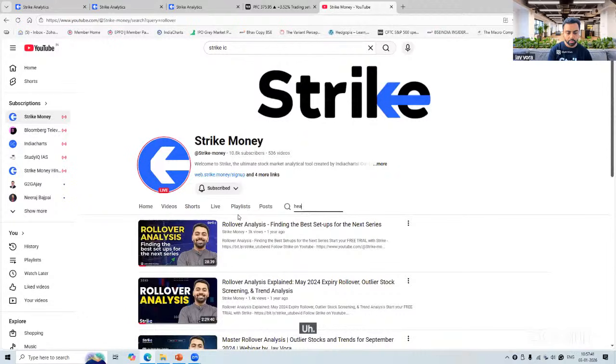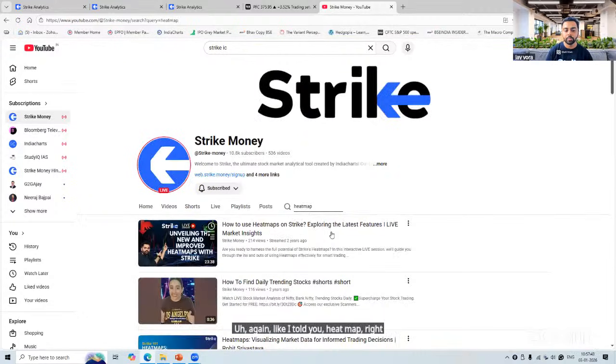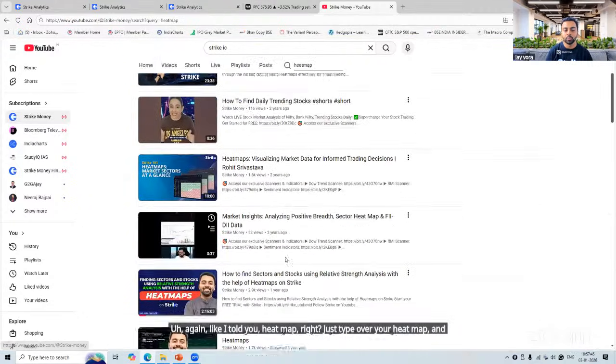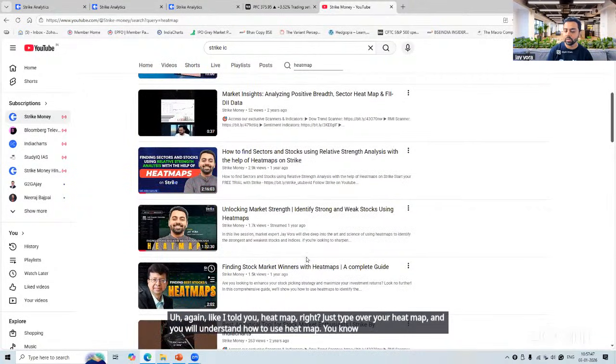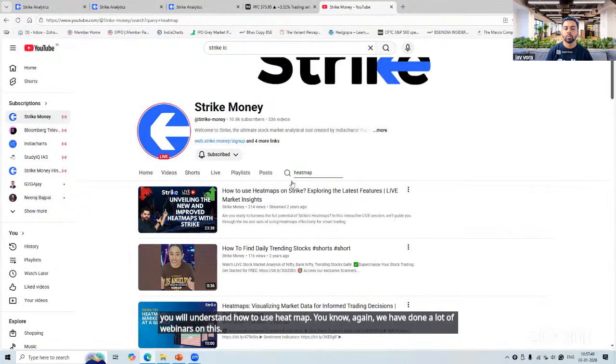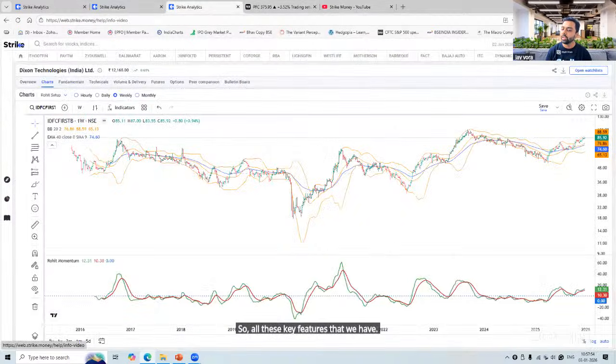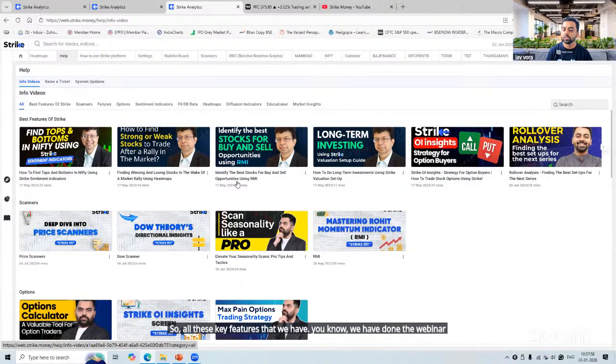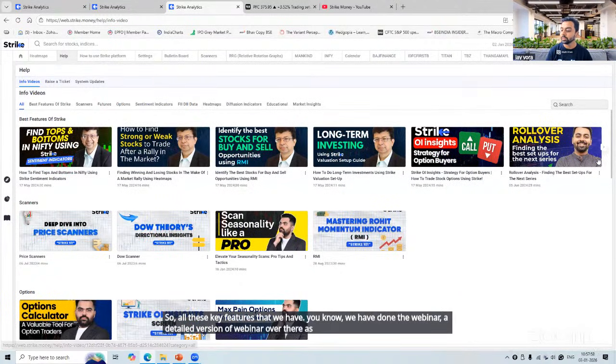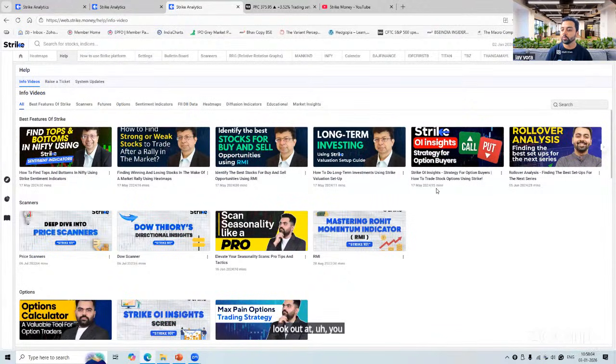Again, like I told you, heat map: just type heat map and you will understand how to use it. We have done a lot of detailed webinars on all these key features, and these are specific strategies you can look at. This will help you scan and filter out stocks more quickly.